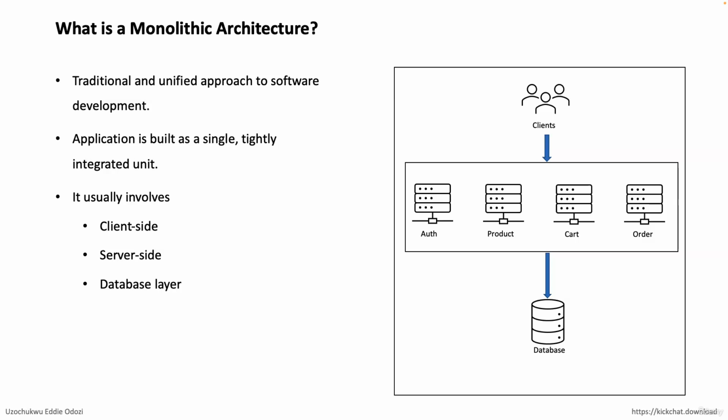So, for example, if you're building an application with a React front-end or an Angular front-end, you don't have all of those inside one folder. You separate your React or Angular front-end from your server layer and your database layer. That is the approach that is being used, but most software nowadays are still built where you have your views, your controllers, and your databases all in one single project. So it usually involves the client side, the server side, and the database layer.